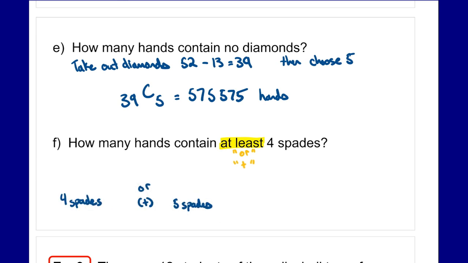So for 4 spades, how many hands of 5 cards could we have with 4 spades? Well, we have 13 spades, choosing 4 of them. And we then have 39 remaining cards that aren't spades, choosing 1 of them.